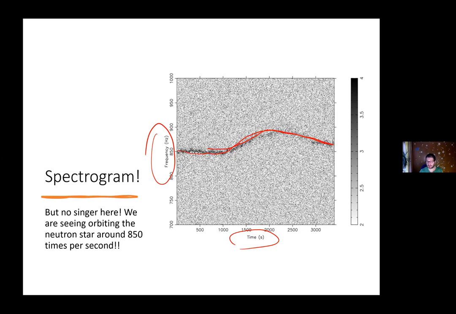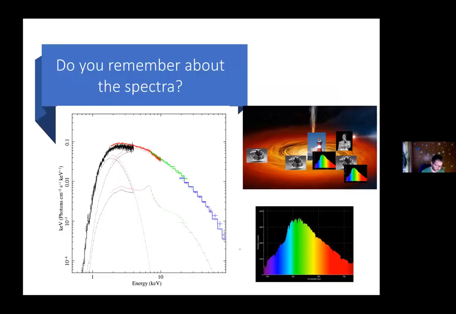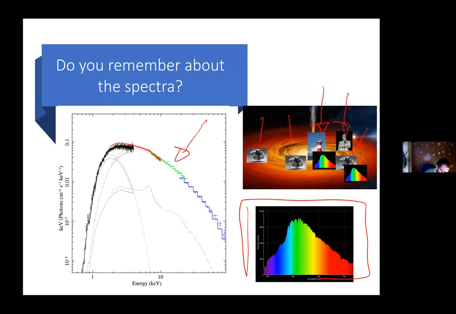Now, all that is not enough. So we also need the energy spectra. Remember that we talked about that. Well, this is a real energy spectra of a system, but that's the average energy spectra of all the things that are happening simultaneously. And our challenge is how you separate the different components, because you have 1, 2, 3 engines, you have the singer here, you have the lighthouse, and all those have a spectra that add together to form this shape.